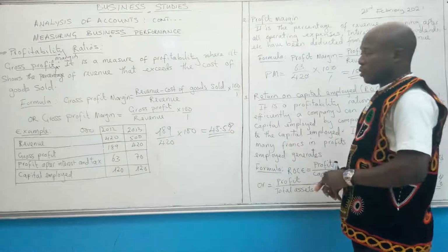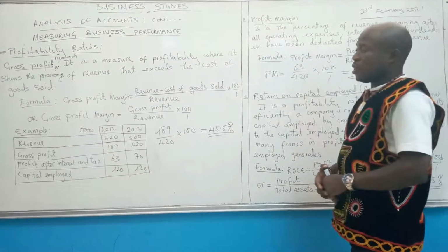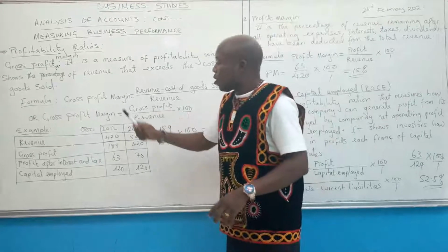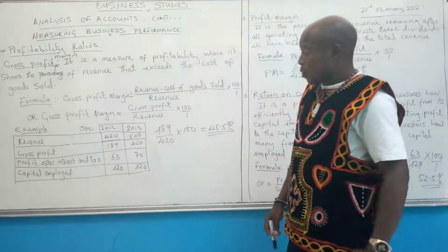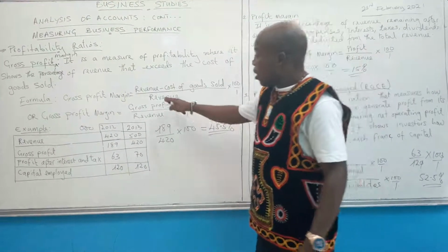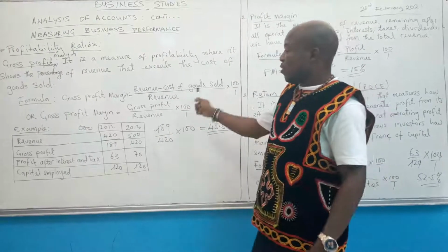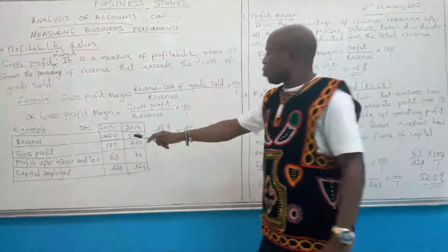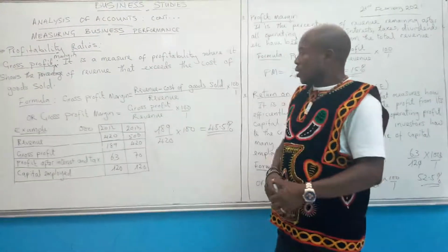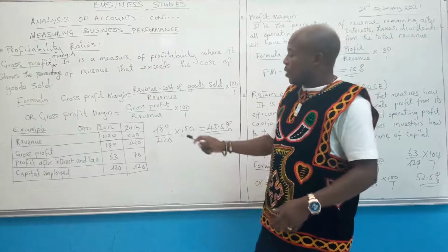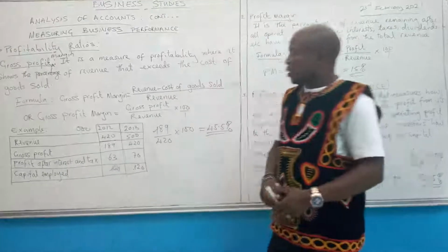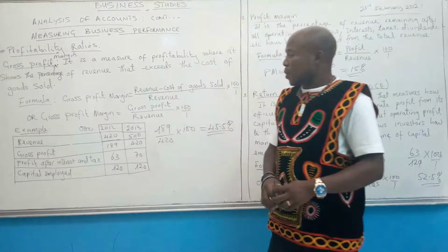Let's use the figures for 2012 to calculate gross profit margin. If we use the first formula, we cannot find cost of goods sold on the table. But we can find gross profit itself. So let's use the second formula.